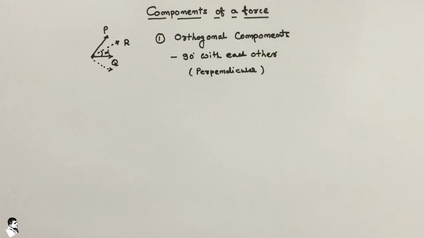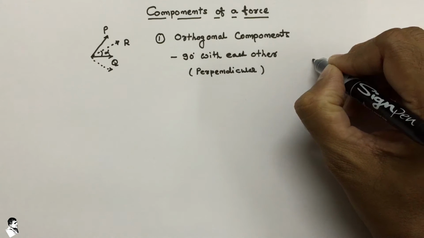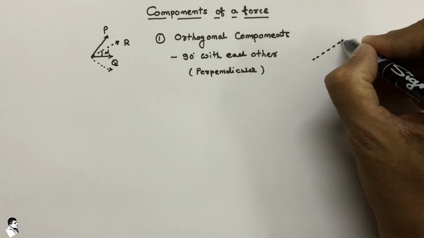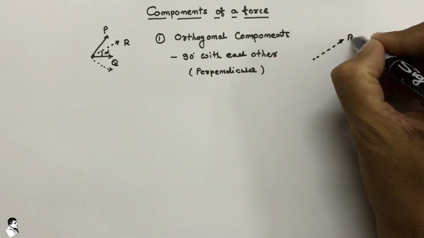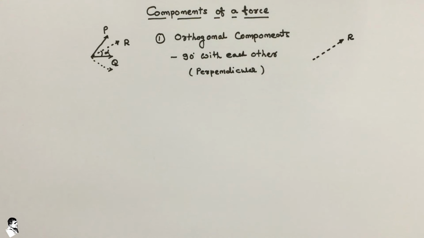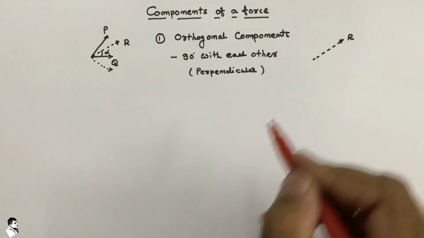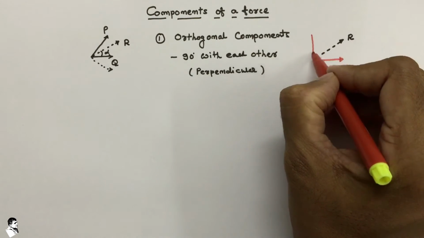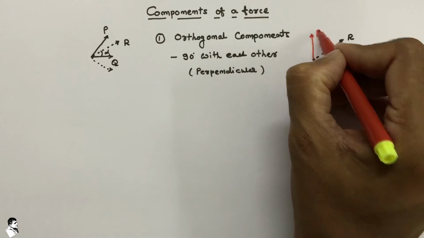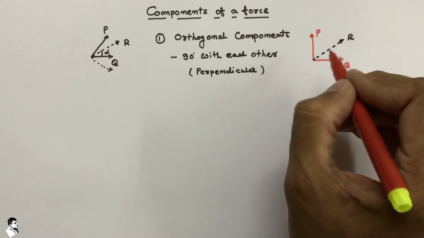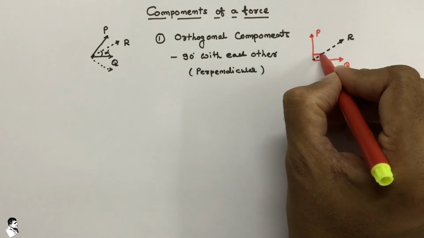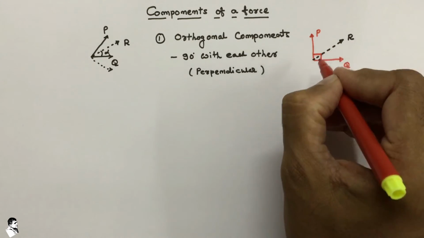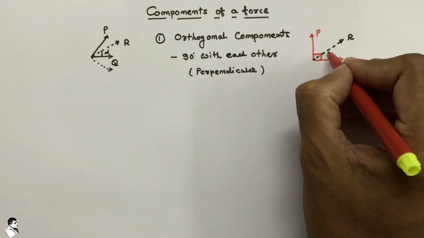So if we draw the orthogonal components of resultant R, if this is a resultant R, and the components of that resultant R are force P and force Q, that is exactly at a 90-degree angle, right?